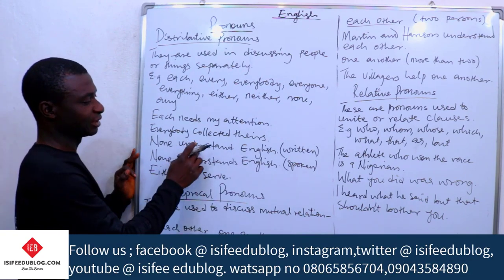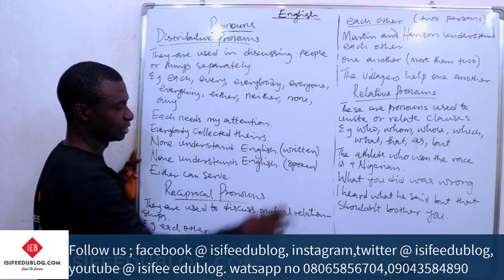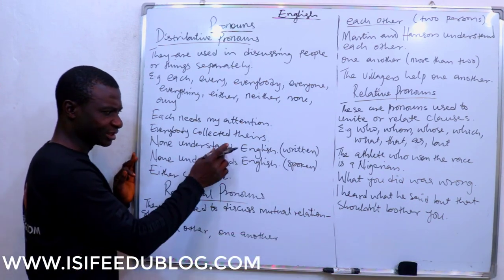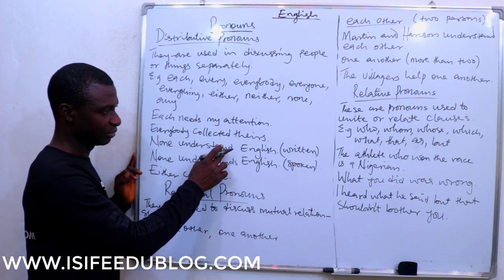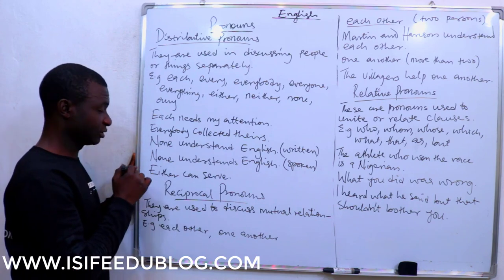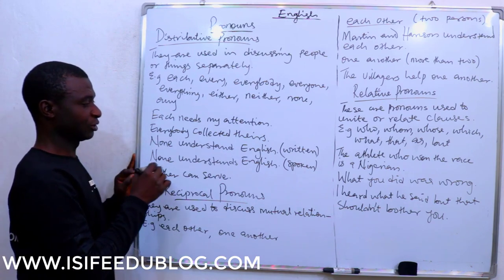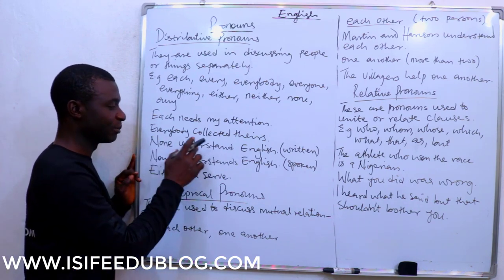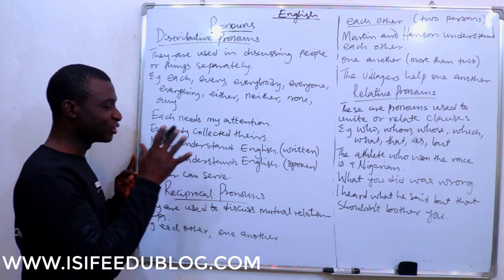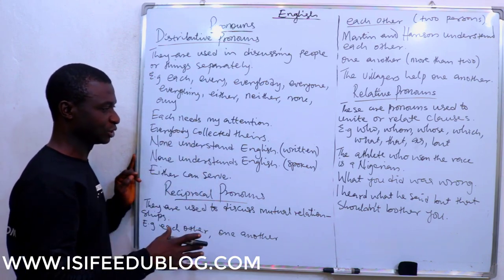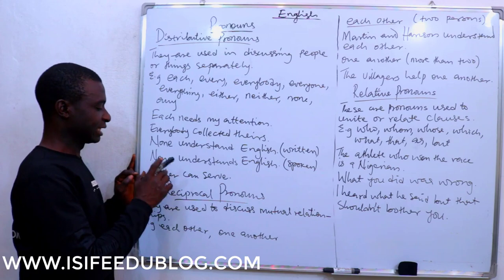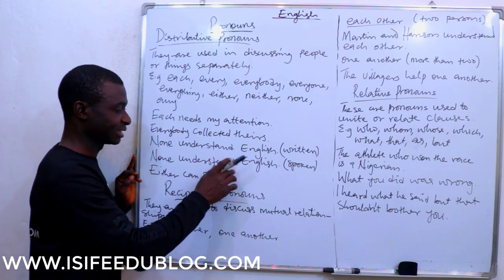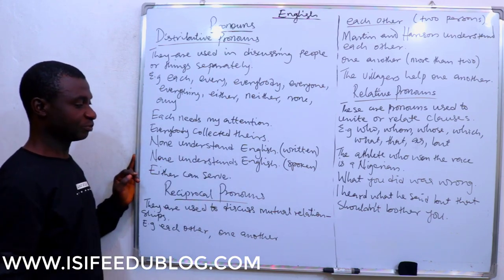None understand English. This is the written form. Understand is the plural verb. So formal English will use none with a plural verb. But the normal everyday usage, spoken English, takes understands, that is the singular form.